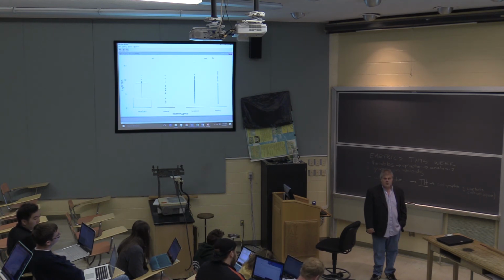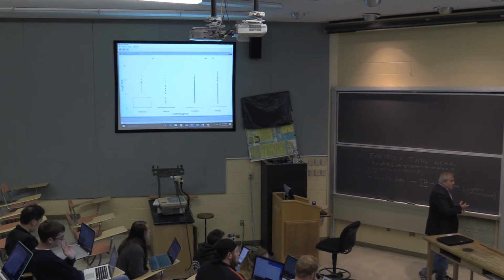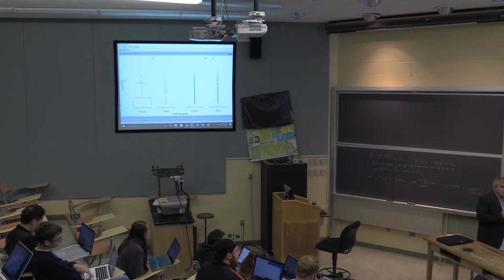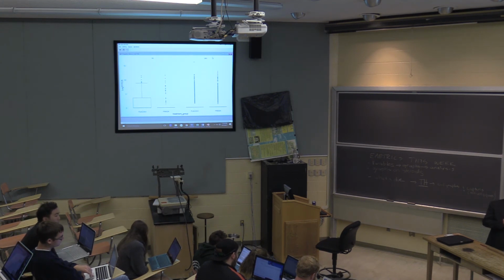Are there a lot of ties? What's the minimum? What's the first quartile? All of these, what's the first quartile? Zero. What's the median? Zero, right?